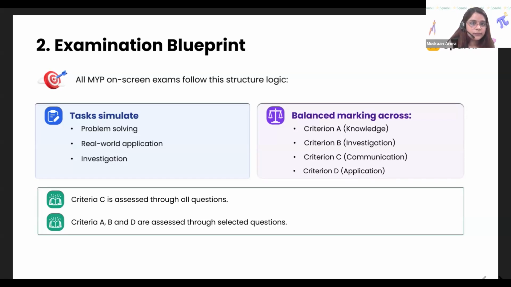Okay, maybe Dishita then. Dishita, can you tell us about this? Usually they give us 5 minutes to just go through each and every question and then we can start off. So that 5 minutes is other than the 2 hour duration that you get for the exam, right? Yes. Okay. So we do get other 5 minutes. It's not a part of the 2 hours that you're going to get.